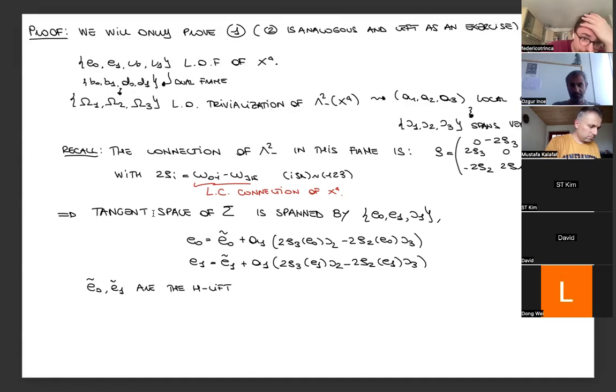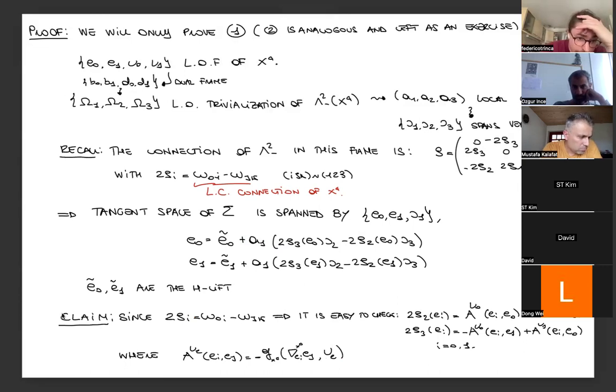In particular, if we write E0 and D1 as its horizontal lift plus the error terms, and the error terms are precisely given by these formulas here, then this is going to make the computations much easier. And this is exactly what we did in the case B equal to 1 in R3 times R4.